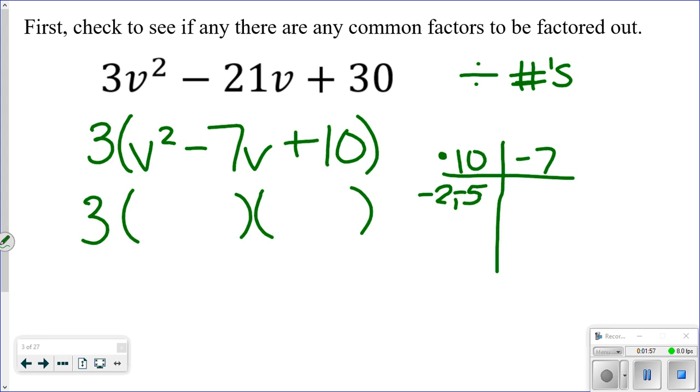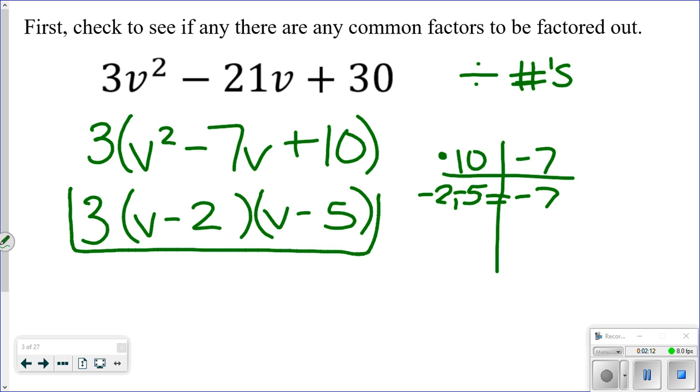But then I need to make these both negative so that they add to equal a -7. So we're going to write our answers as v minus 2 and v minus 5. And don't forget that that 3, that GCF, needs to be out in front.